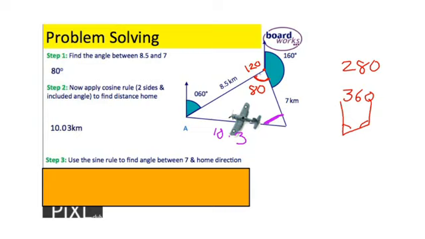So we have a pair of corresponding sides here, the 80 and the 10.03. And then we have our missing part. Here we have 8.5, and we're trying to find our angle here.